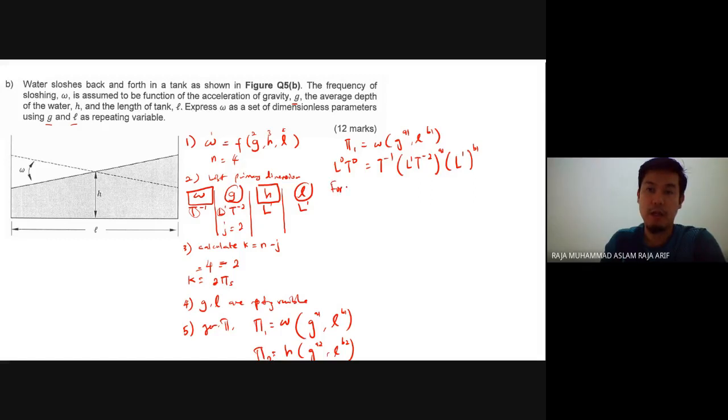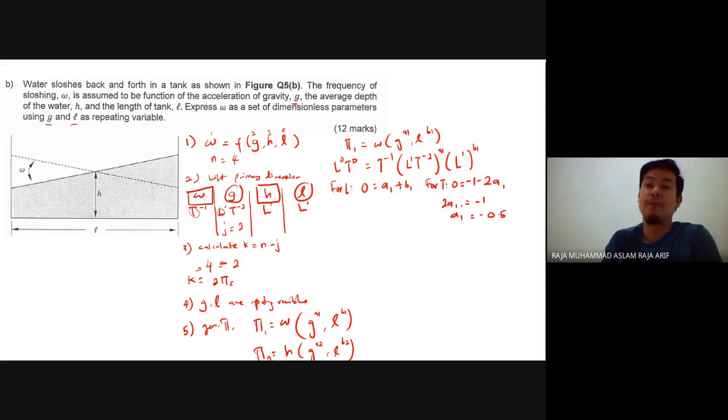For L, 0 equals 1 times a1 plus 1 times b1, so we have 2 unknowns. For T, 0 equals minus 1 plus minus 2 times a1, so minus 2a1. So 2a1 will equal minus 1, so a1 equals minus 0.5.